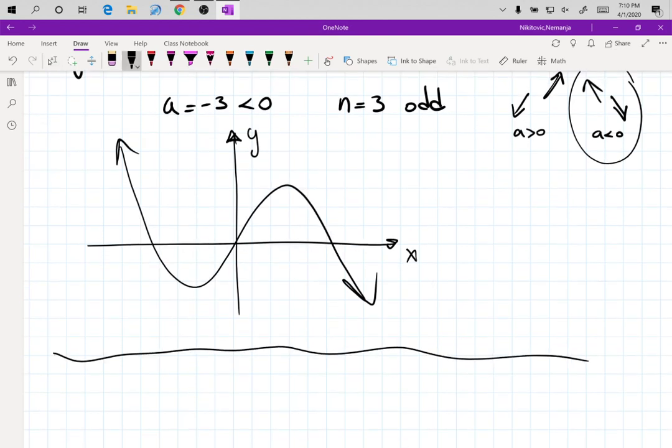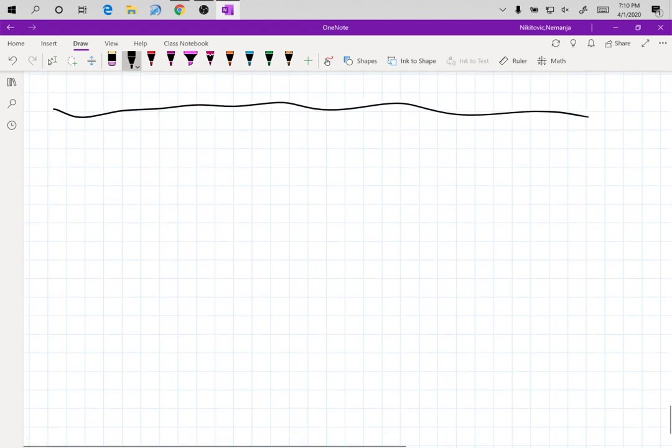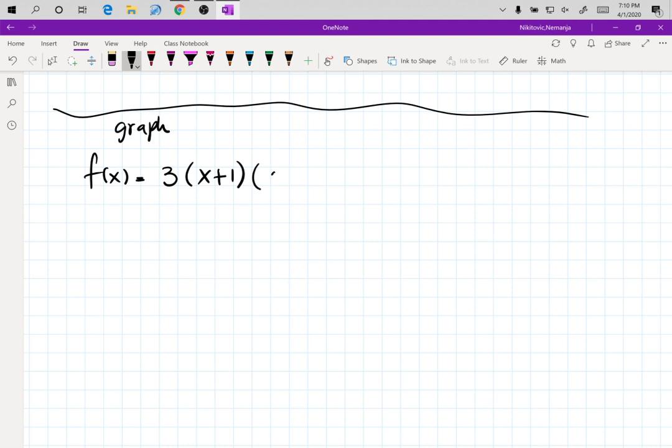Now, a much better version of these graphs is when you have factors. You can have zeros, right? The x-intercepts. So that's a much better version. So say you have f of x, or graph, 3 times x plus 1, x minus 2 squared, x plus 6, whatever.